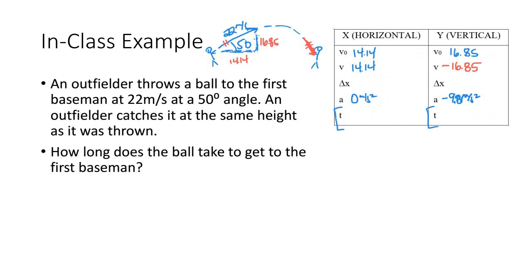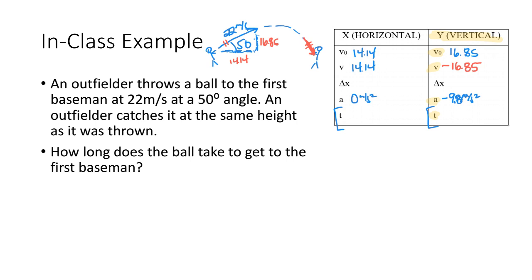Let's calculate the time it takes the ball to get to the first baseman. I'm going to use the information here in the vertical column. And I'm going to stare at my equation sheet until I find an equation that has initial velocity, final velocity, acceleration, and time.